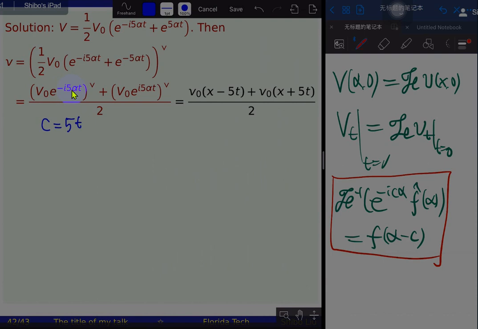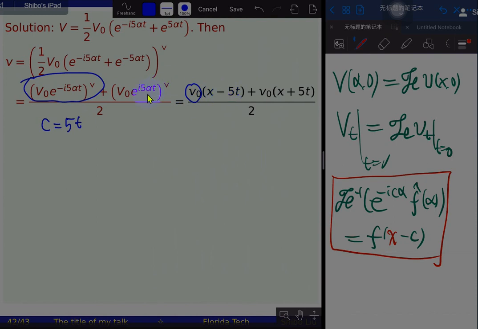Okay, c is 5t. So the Fourier inverse transform of this is the value of the Fourier inverse transform of capital V0, that we denoted by small v0, evaluated at, sorry, this should be x, evaluated at x minus 5t.